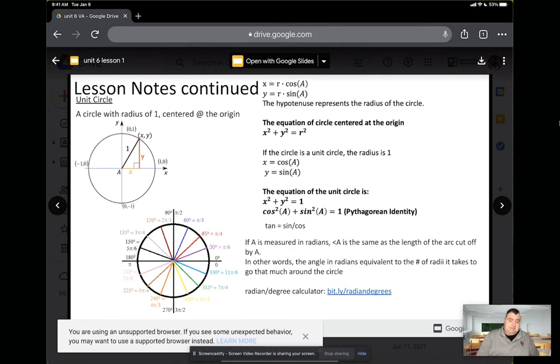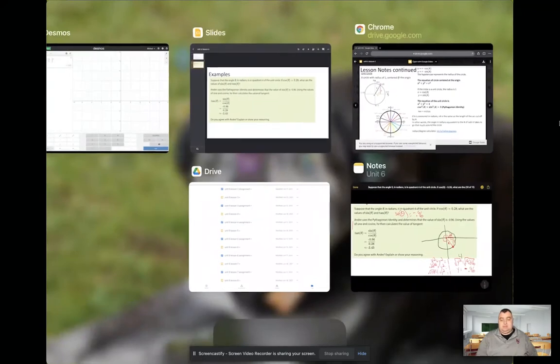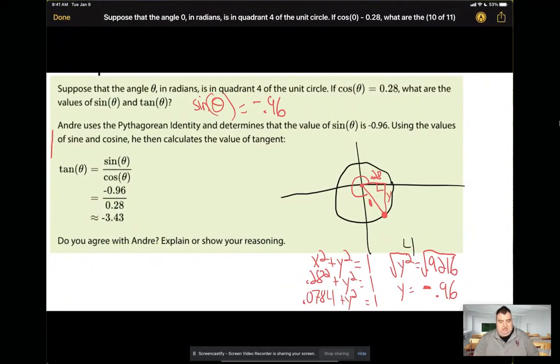But in this sense, tangent is also equal to sine over cosine. So to find the value of tangent, I have to take sine and divide it by cosine. In this case, sine is negative 0.96, and cosine is equal to 0.28.